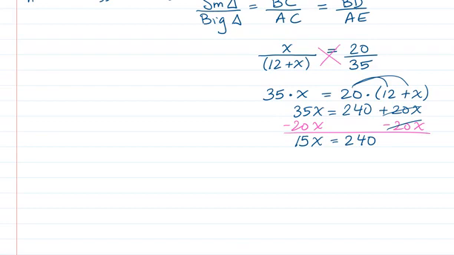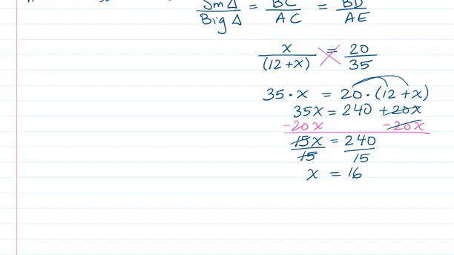Very good. Then to solve for X, we divide both sides by 15. 15 divided by 15 is 1, which leaves us with just X. 240 divided by 15, you guessed it right, is 16.